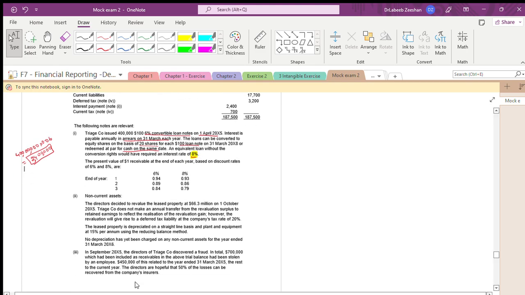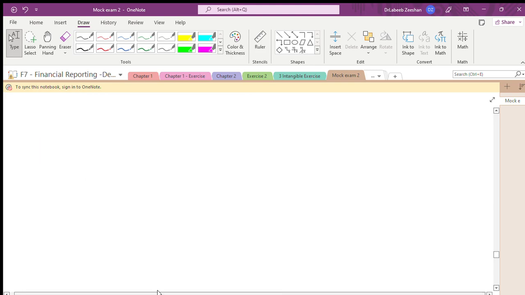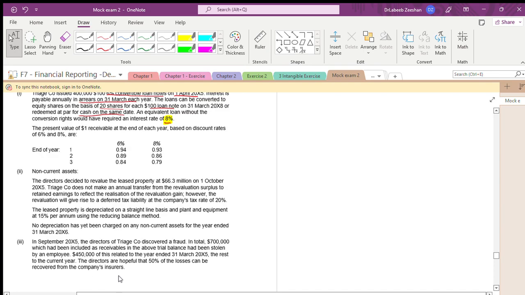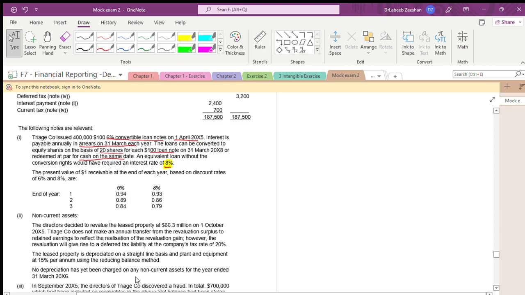I will do the things here, so it will be easy for you to understand. This working will be here. Next year outflow at the rate of 8% present value.